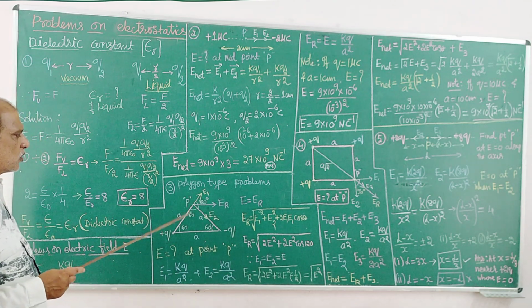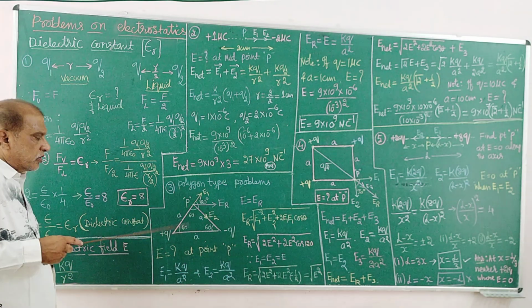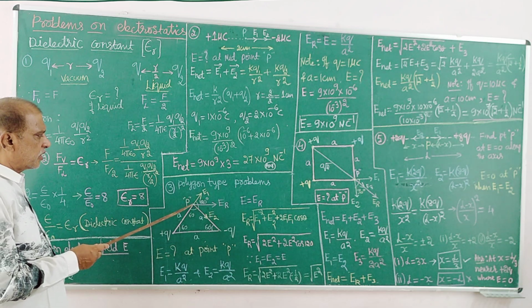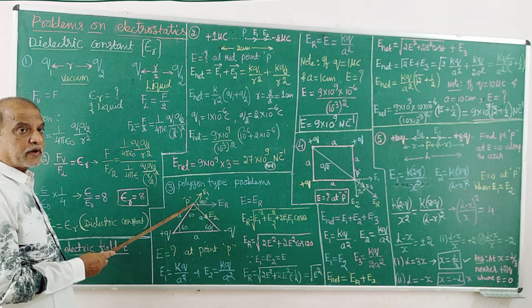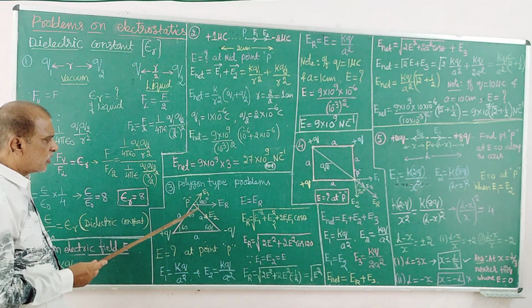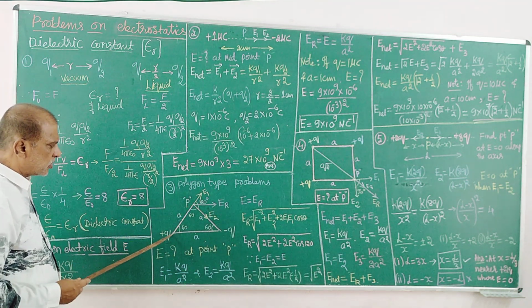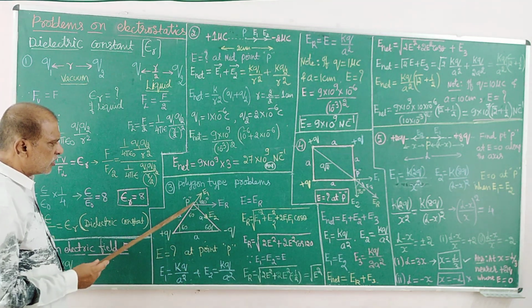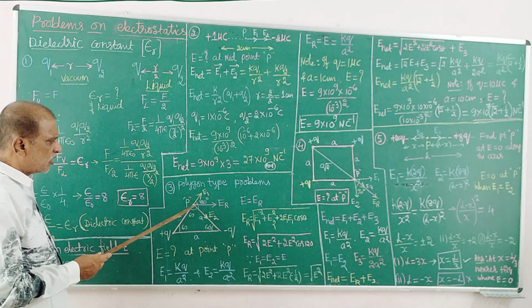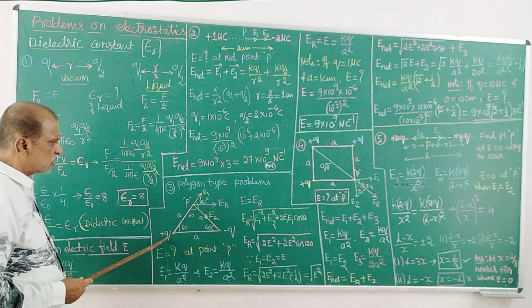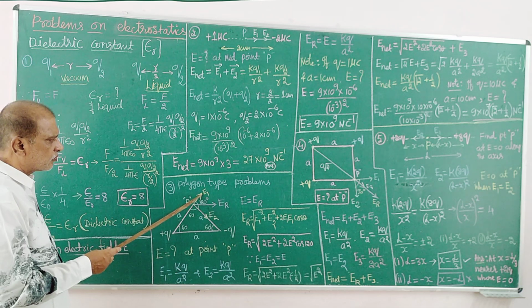So for that we need to do some geometry. Here, what is the geometry? At this point there are two electric fields operating: the electric field at the point due to this charge, and the electric field at the same point due to this charge. The electric field at this point due to this charge is E1.